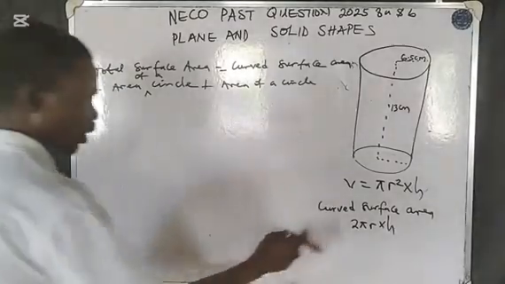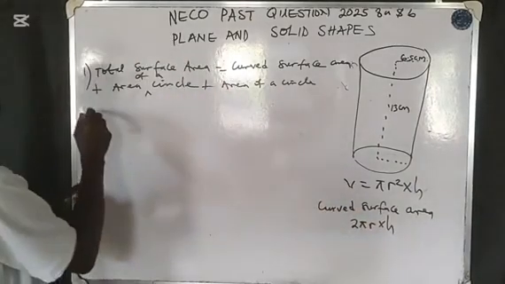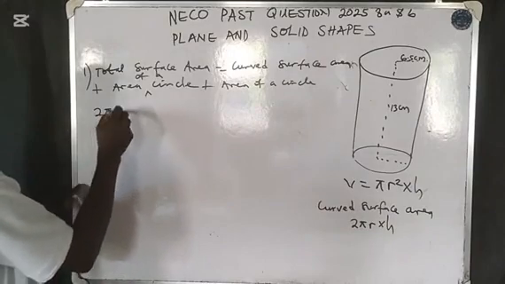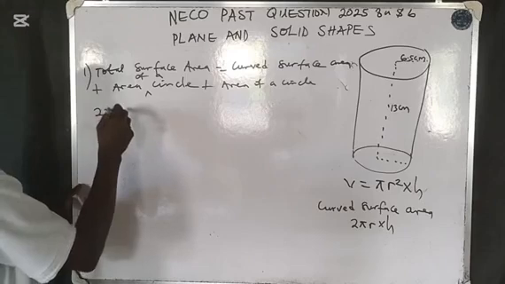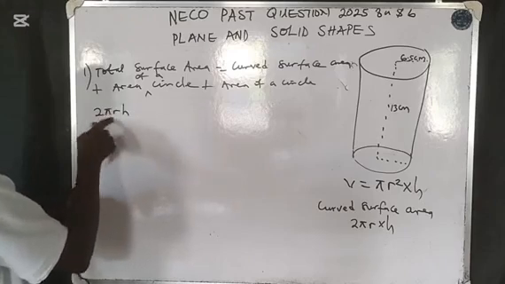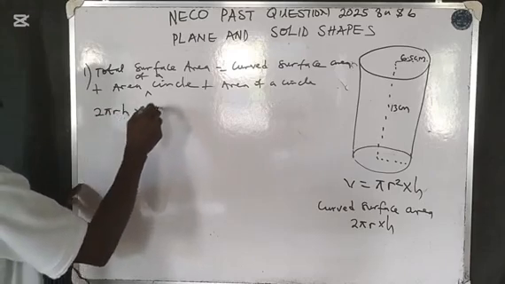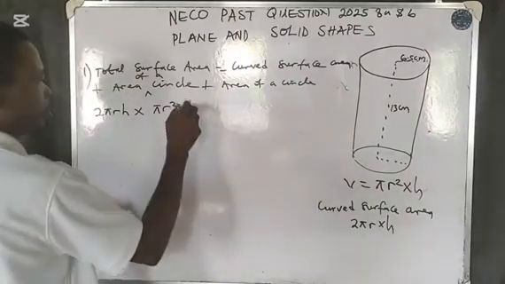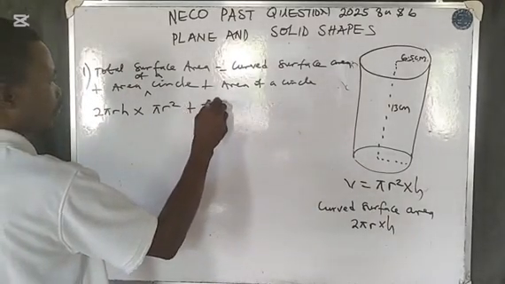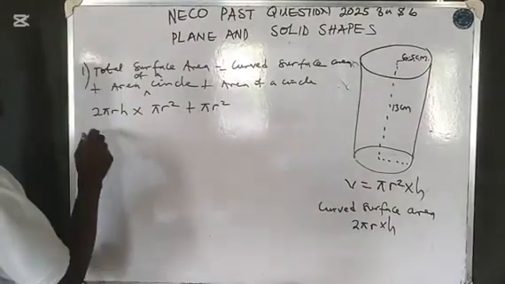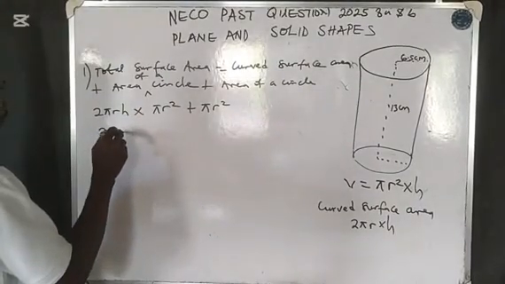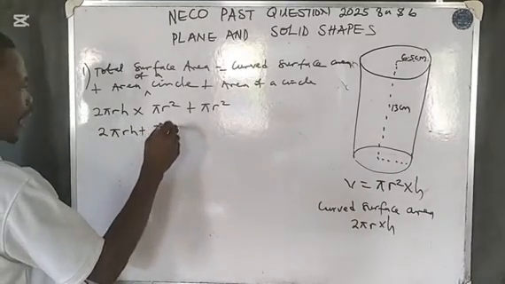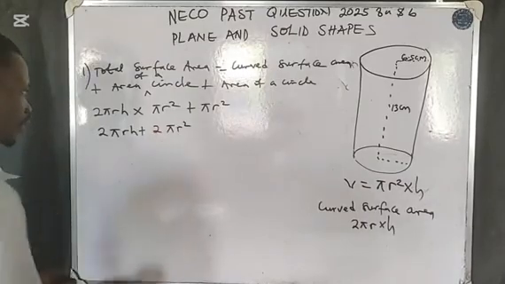So we do curved surface area first, 2 pi r, base perimeter times height, plus pi r square for the bottom plus pi r square for the top. So we now have 2 pi r h plus 2 pi r square, right?